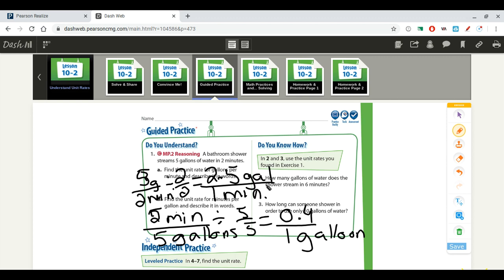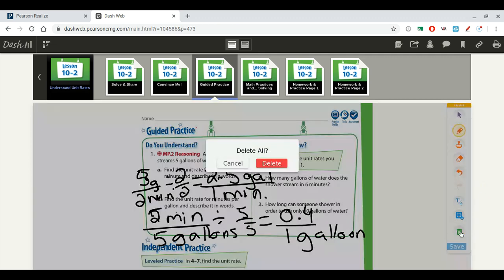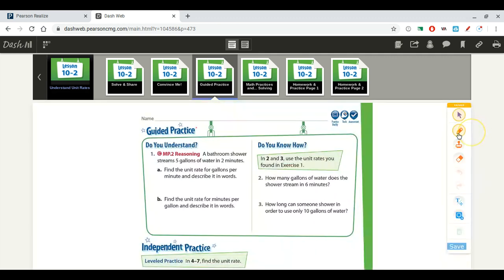Okay. So we take a look at problem number 3. It says, how many gallons of water does the shower use in 6 minutes? So we're looking at this. We're going to use this unit rate, 2.5 gallons per 1 minute. So I'm going to take 2.5 and I'm going to multiply.